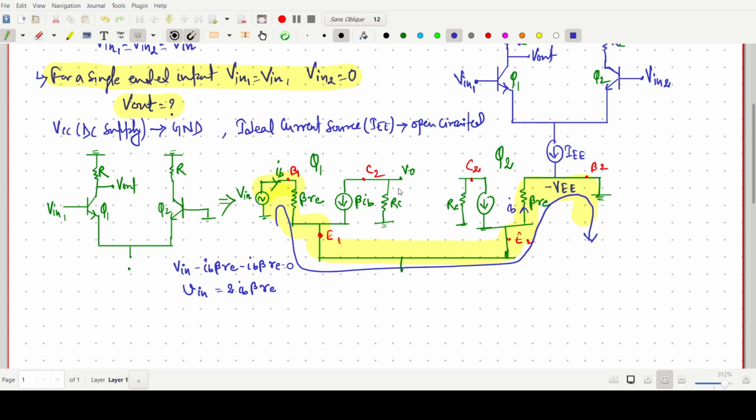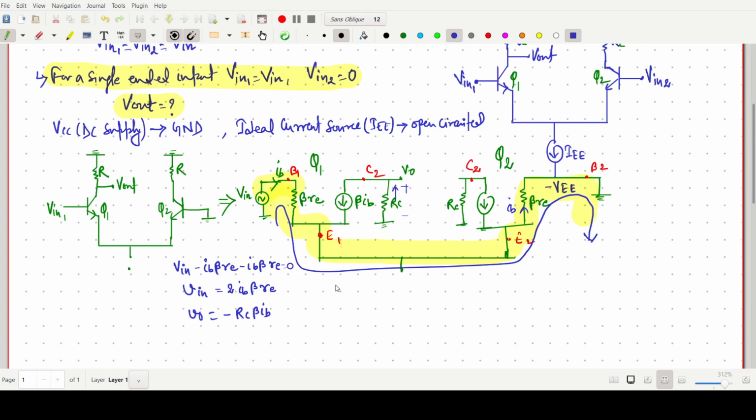Now V naught is simply, with a negative sign, minus RC into beta IB.